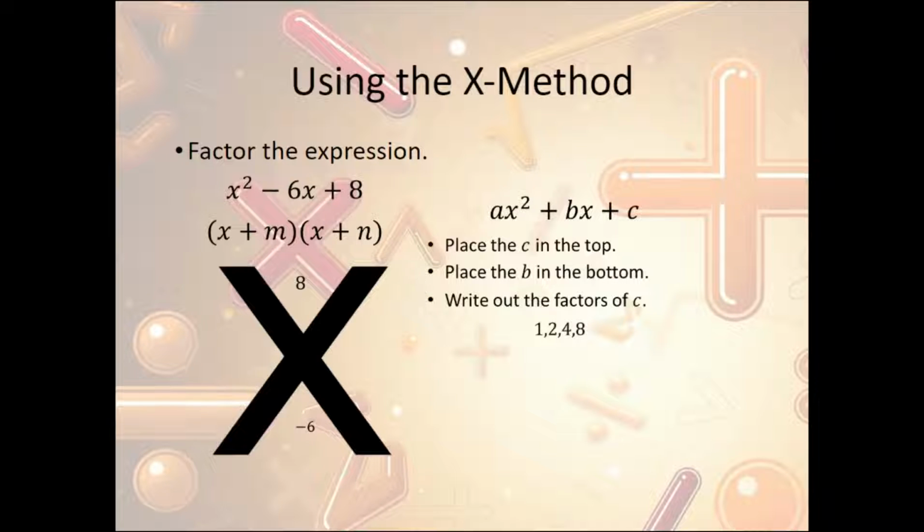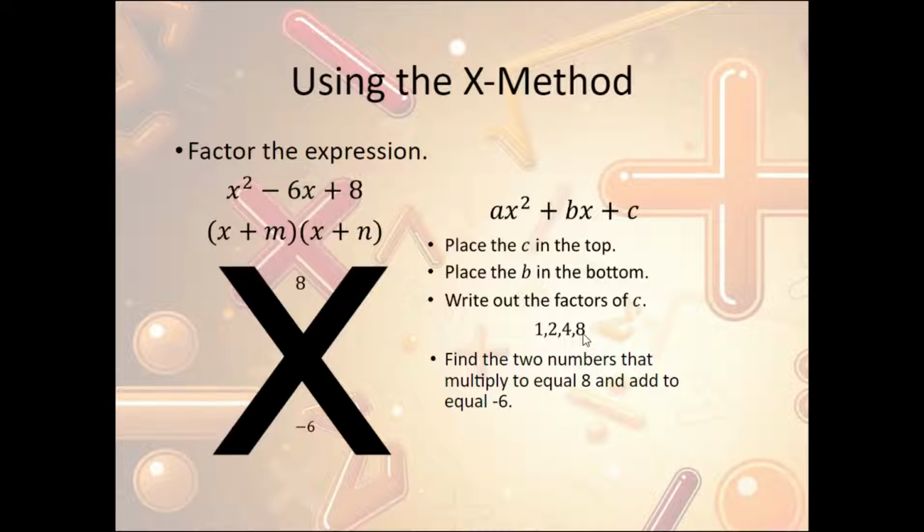Now, which of those are going to multiply to equal 8 and add to get negative 6? Well, remember, these can be both positive or negative. So I'm looking at negative 1 times negative 8 is positive 8, but it's also equal to negative 9. So that's not the answer. What about this one? So negative 2 and negative 4. If I multiply those two together, I get positive 8.